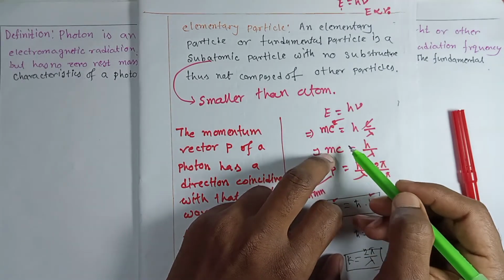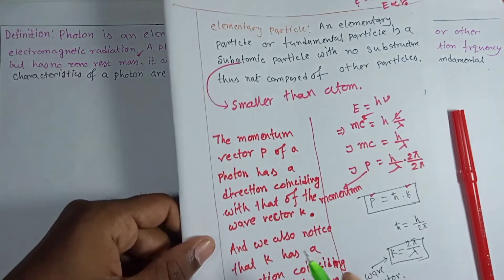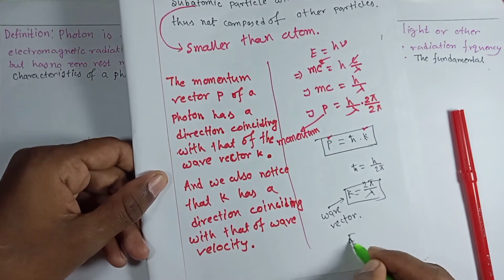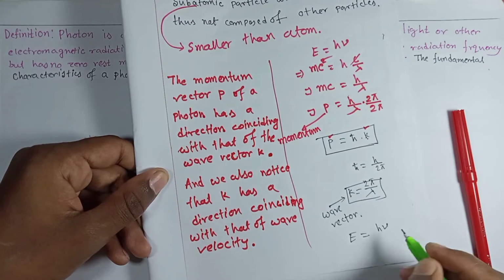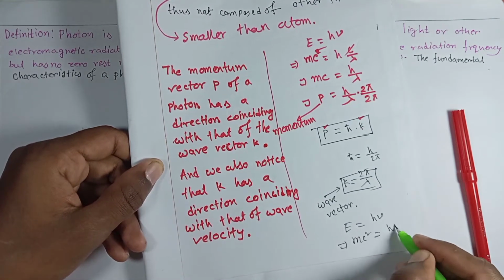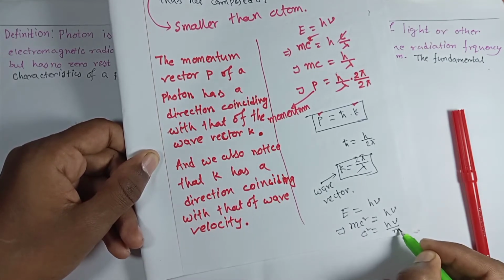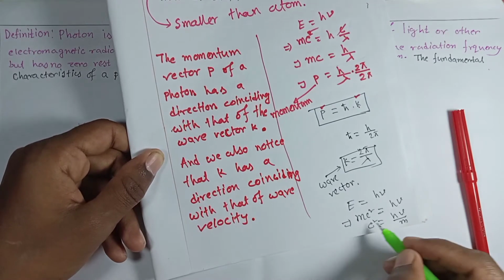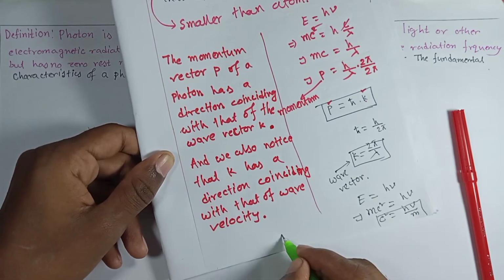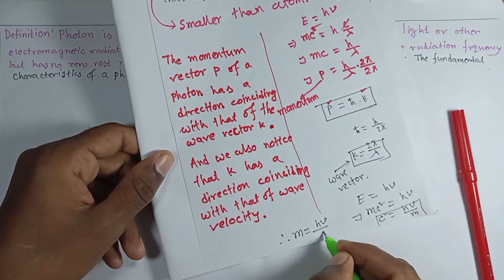We also see E equals h nu, and E equals mc squared. From here we can write c squared is equal to h nu upon m, or m equals h nu upon c squared.